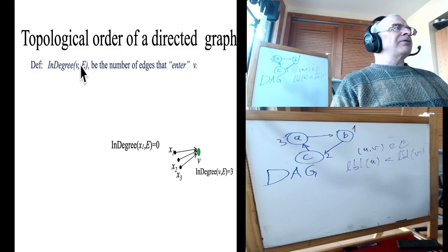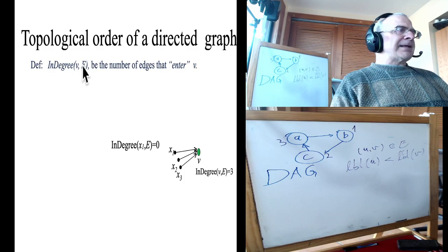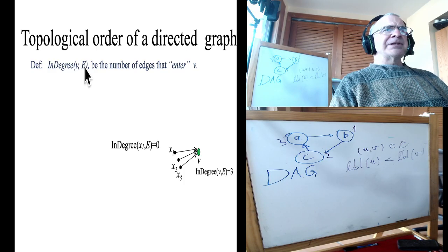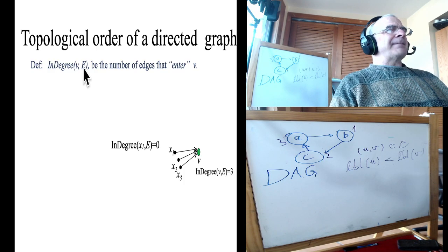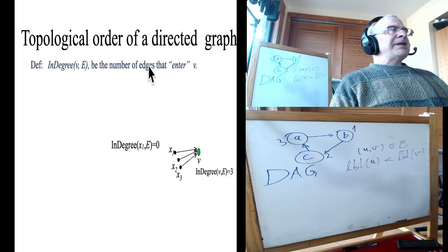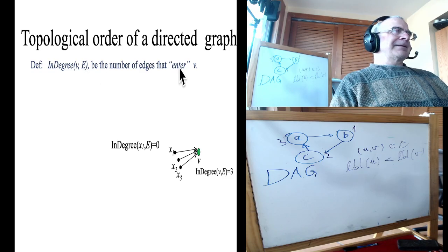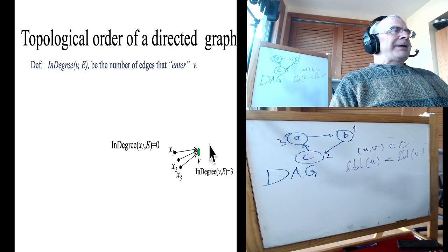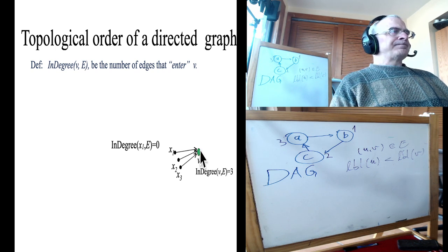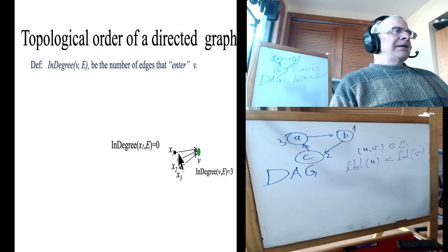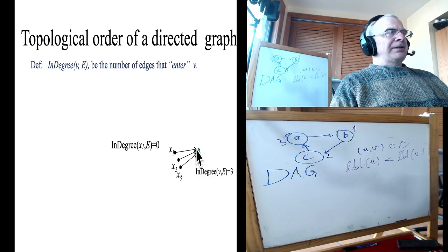Definition: the in degree of a vertex V, with a set of edges, not necessarily all the edges of the graph, is the number of edges that enter V. I don't care how many edges are leaving V, I'm asking how many edges are entering V. So in this case, the in degree of V is 3 because there are 3 edges going into it.